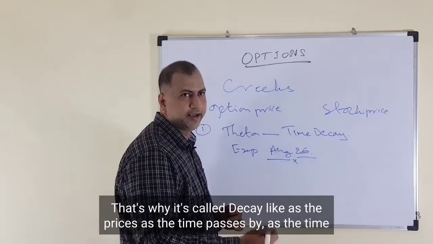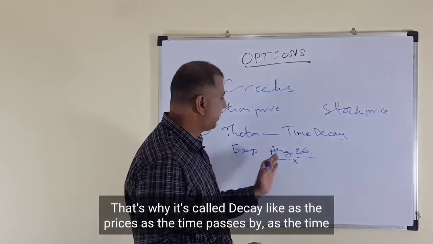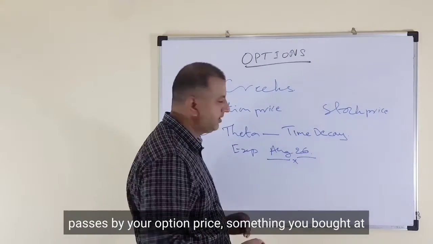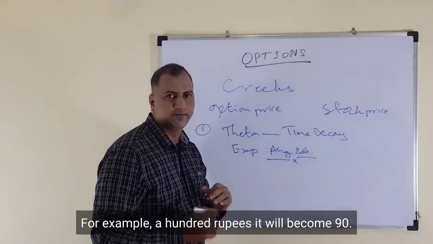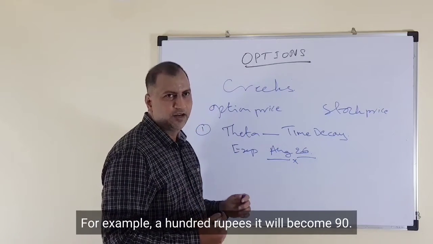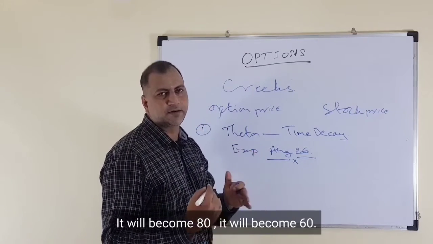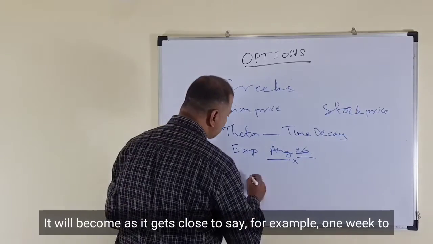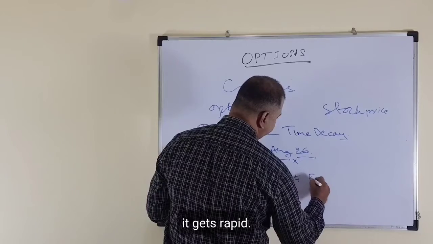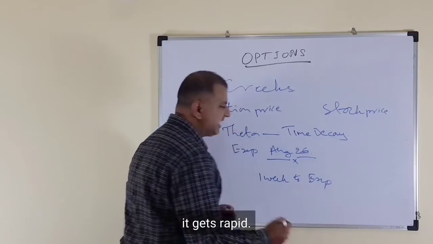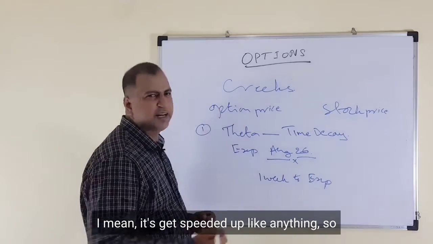That's why it's called decay. As time passes by, your option price, something you bought at, for example, 100 rupees, will become 90, it will become 80, it will become 60, and as it gets close to, say for example, 1 week to expiry, it gets rapid. I mean, it gets speeded up like anything.